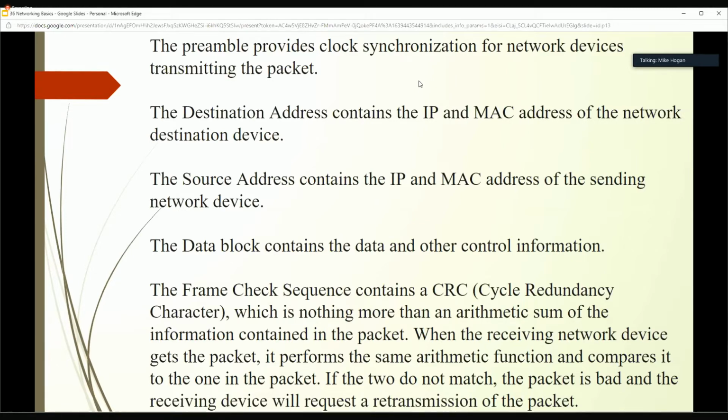This is the arithmetic sum of the information contained in the packet. If something doesn't match, then it knows that there was a problem with the packet and it will be retransmitted.